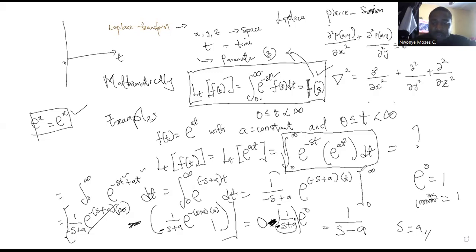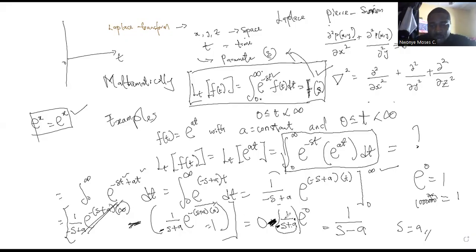So what if I substitute the upper bound? This is the upper limit, right? Everything here, because of the infinity, is going to be 0. But when I substitute 0, only this term here will be 0, and exponential 0 is equal to 1, right?